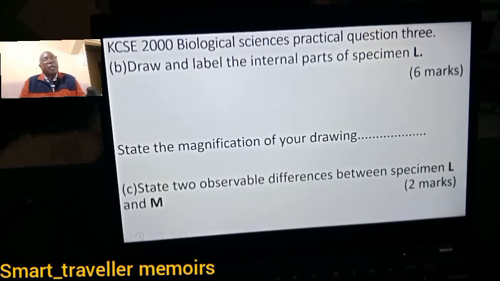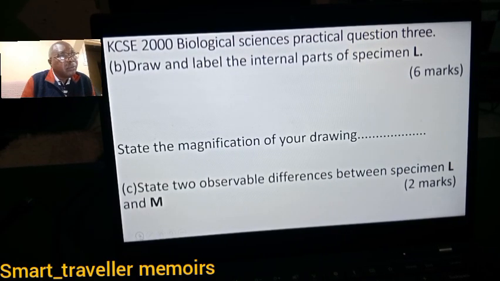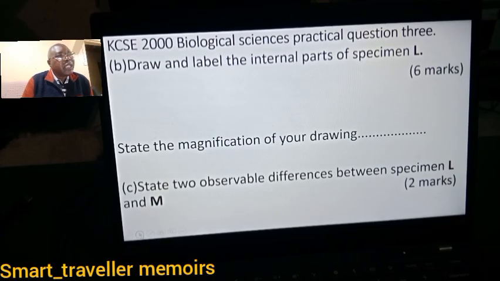We now come to the marking scheme. And we'll start with question 1A and B, where we were filling the results in the table, recording the final lengths and the averages.